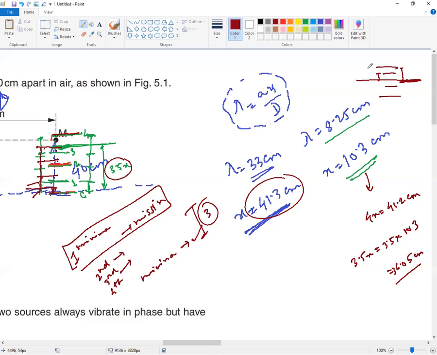This is what I can think about. Ghazi, this logic is mathematically showing us that we should have three minimas passing through, but the path difference calculation tells us there should be only two.